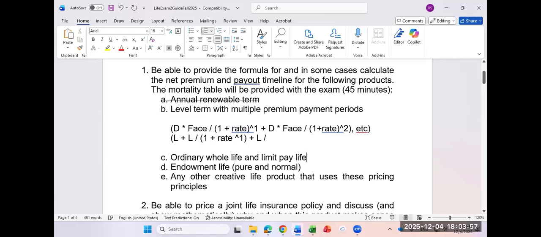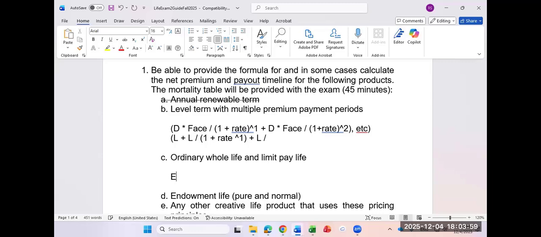Ordinary life is exactly the same, except you don't stop until when? So D99 and L99. You have to go all the way out to the very, very end of the table.